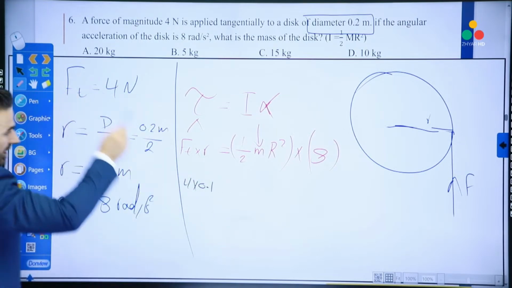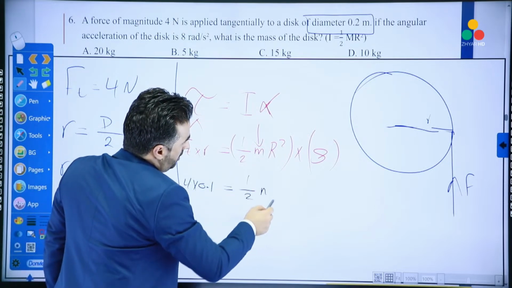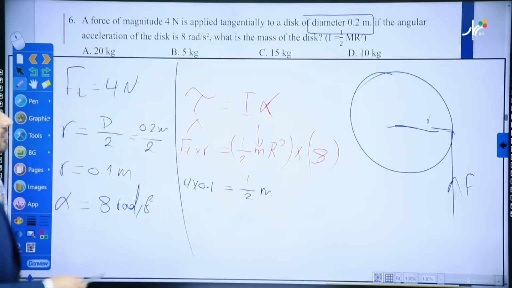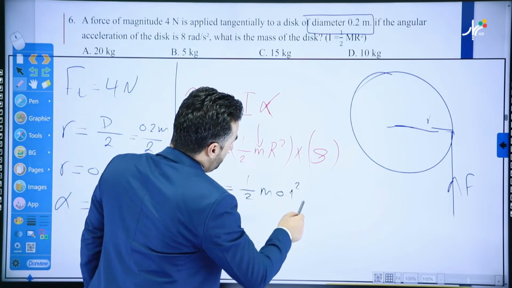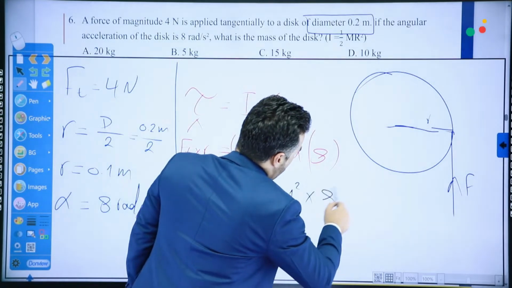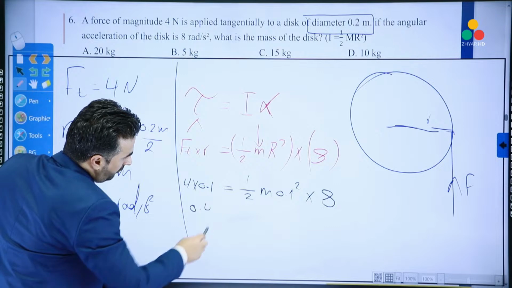We don't need the meter for now. Equal to 1 over 2, the mass is unknown, times the radius of the disk, which is 0.1 again, so 0.1 squared, and then multiplied by 8. So 4 times 0.1 is 0.4.